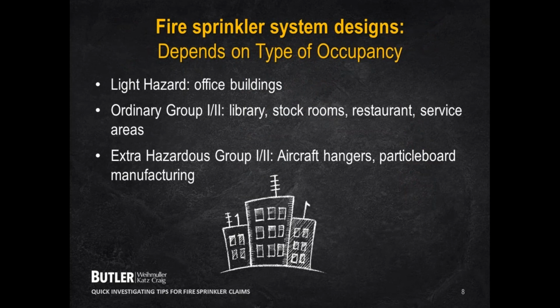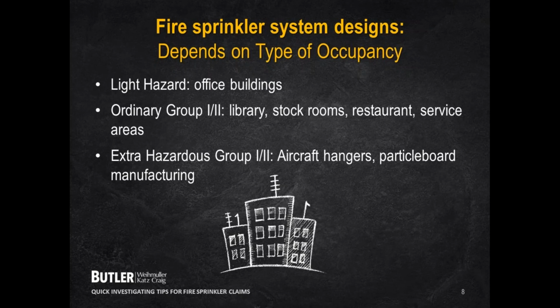So one of the things that you'll have to do, and your fire sprinkler expert will let you know, is whether or not the proper temperature rated head was used for a certain occupancy. And the different types of occupancy are light hazard, which are office buildings, and then you have an ordinary group, which is first or second category, which are libraries, stockrooms, restaurants, service areas.